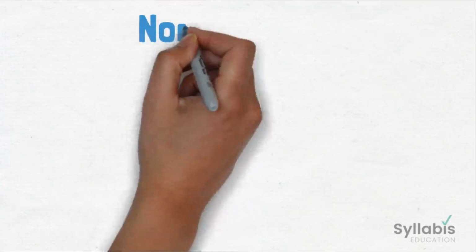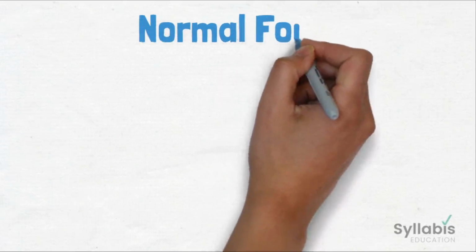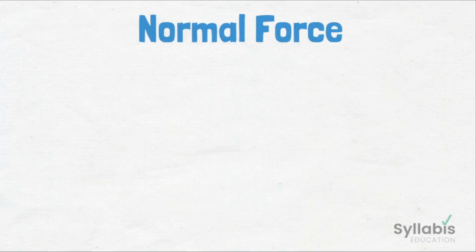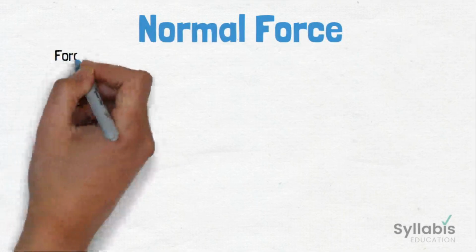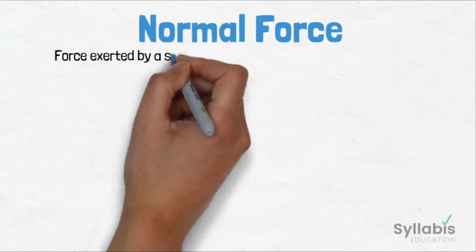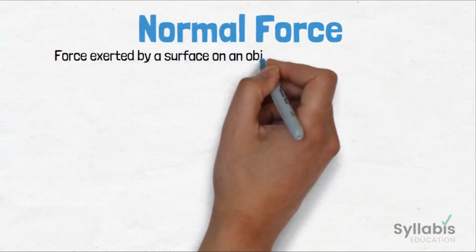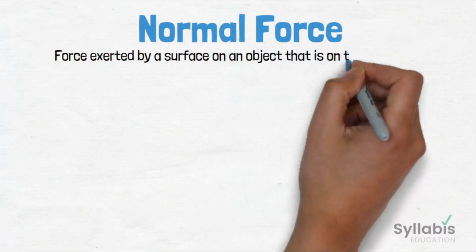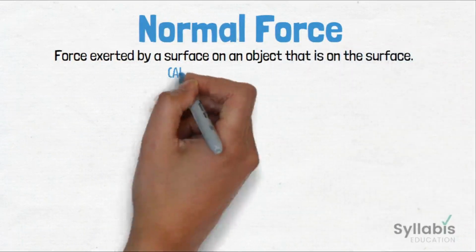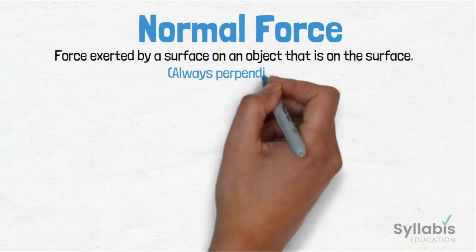When calculating friction, it's important to first know the magnitude of the normal force. Remember that the normal force is the force exerted by a surface on an object that is on the surface. And the normal force is always perpendicular to the surface.